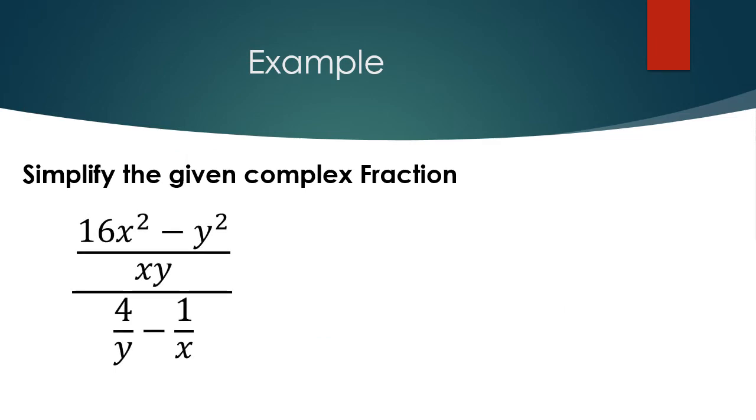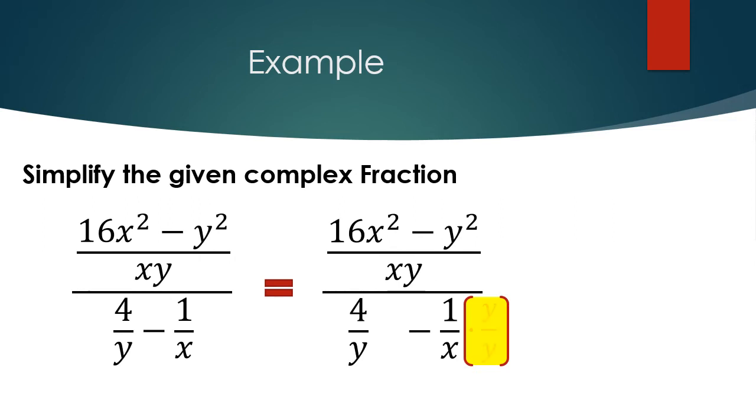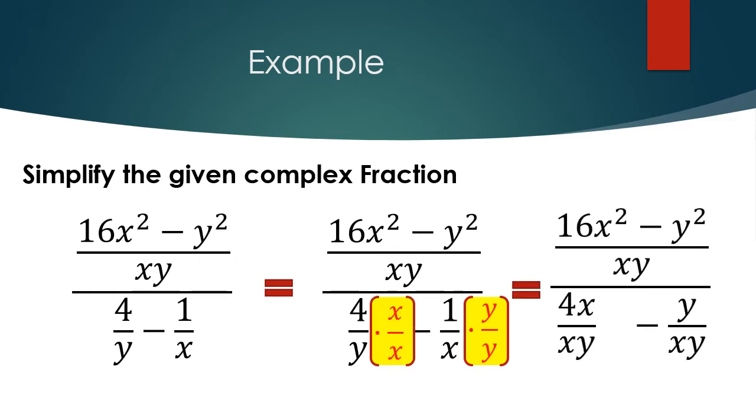We have another complex fraction. Now if we look at the denominator, we have 4 over y minus 1 over x. So we're gonna change the bottom part with the denominator of xy. Now I can cancel xy from every term.